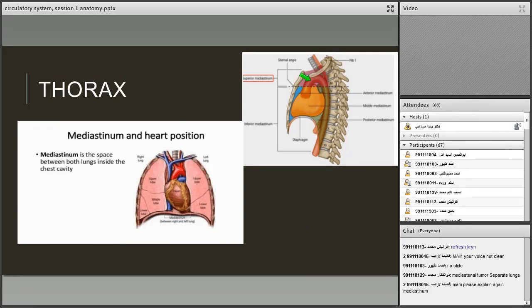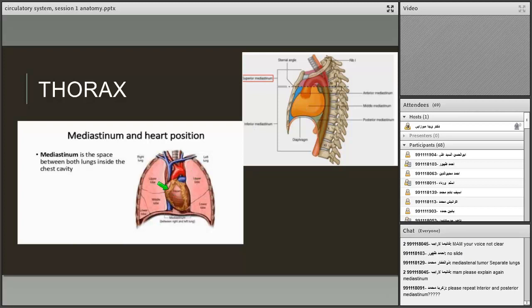The anterior mediastinum contains some lymph nodes and the thymus. The middle mediastinum contains the heart and big vessels like the inferior vena cava. And the posterior mediastinum contains the descending aorta, esophagus, azygos vein, and other contents.